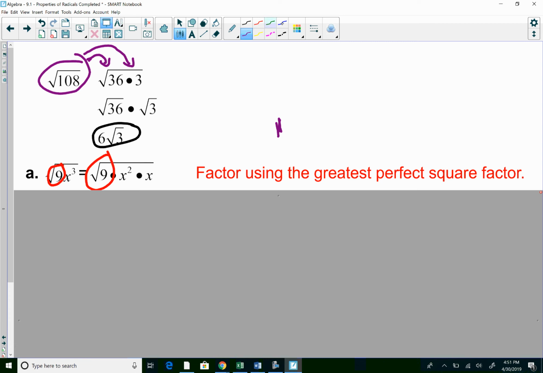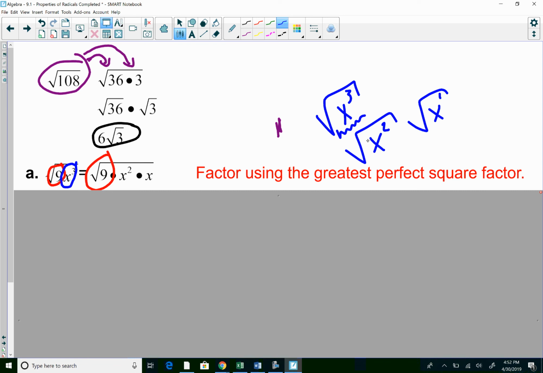The other piece here that we need to be aware of is the square root of x cubed. What we want to do here is change this so that we have it in groups of 2. So we only have one group of 2 here. If I break this down, there's 2 of the x's, and there's the third one.